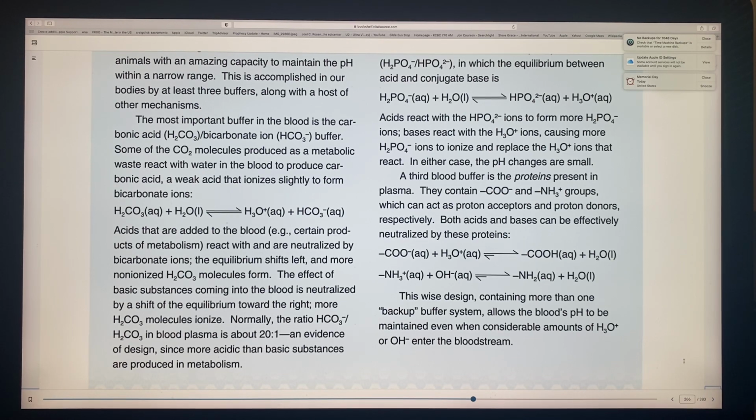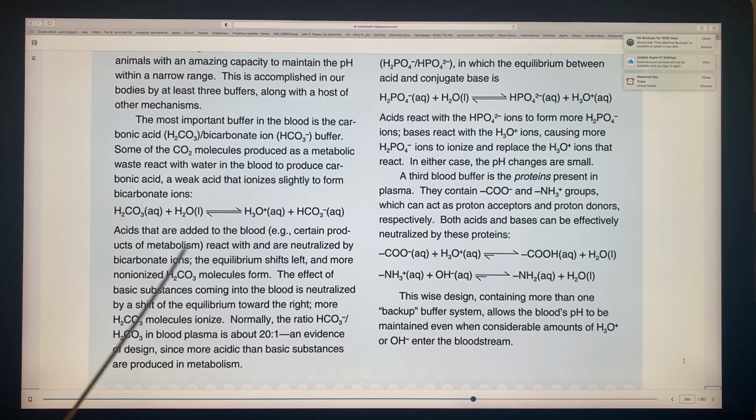And this is such an amazing design that there's no way someone could just figure this out to make our body so amazing as God has, with these backup buffer systems. First, we have the carbon dioxide bicarb buffer system, the carbonate buffer system, which is our most important.